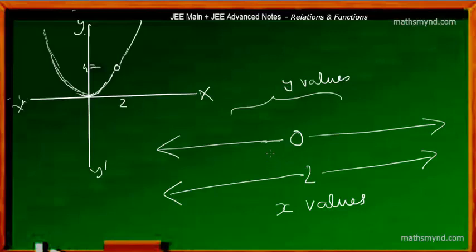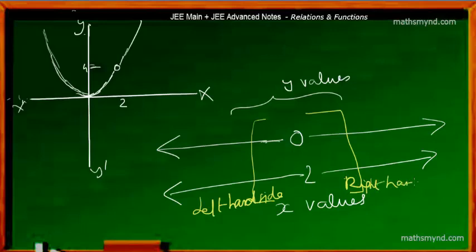For that we have to look at what is happening very near to 2. That is the point of interest here. This is the left hand side, the side as we approach 2 from the left, and this is the right hand side, where we are approaching 2 from the right. Let's look at what is happening here.